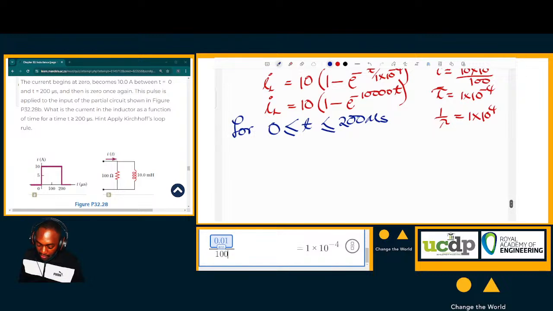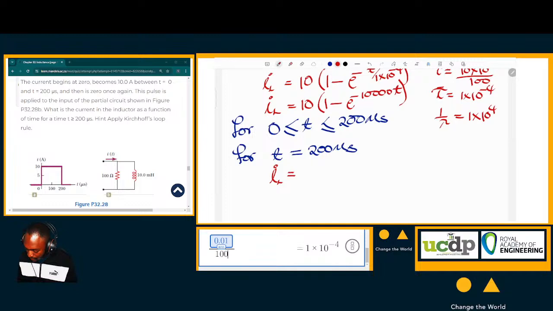So from the information that we've been given, now we can find for t equal to 200 microseconds. So for t equals 200 microseconds, what will be our current I through the inductor?